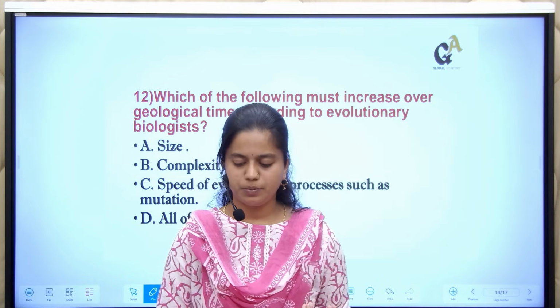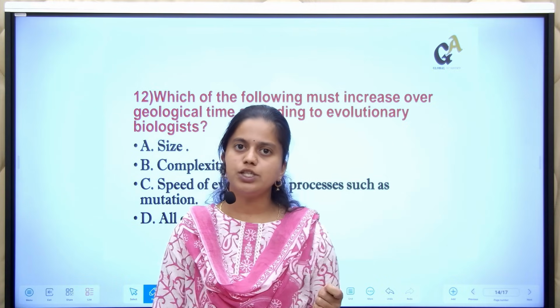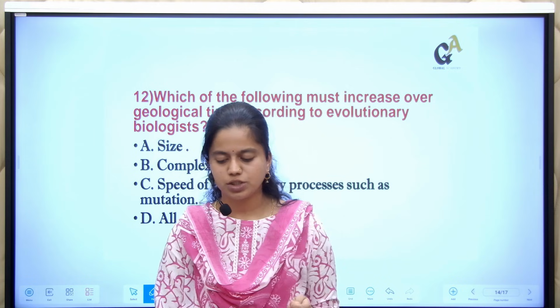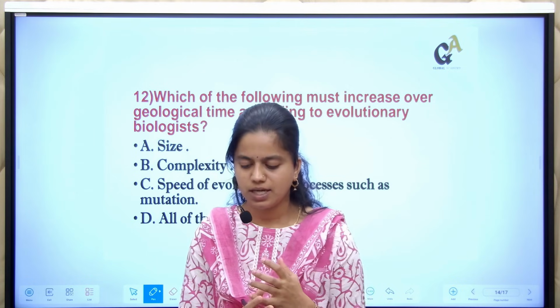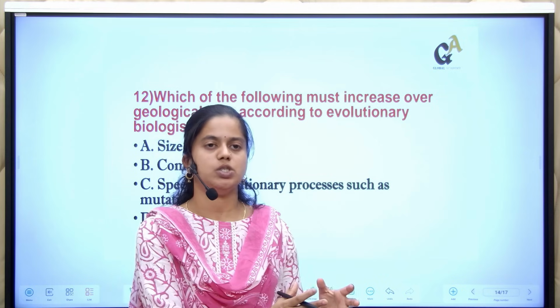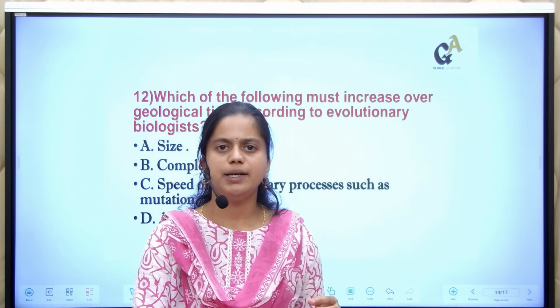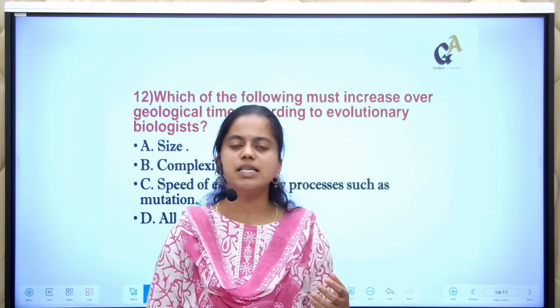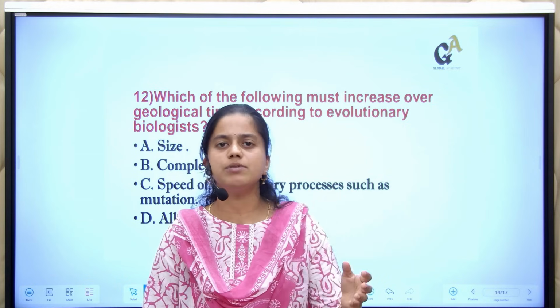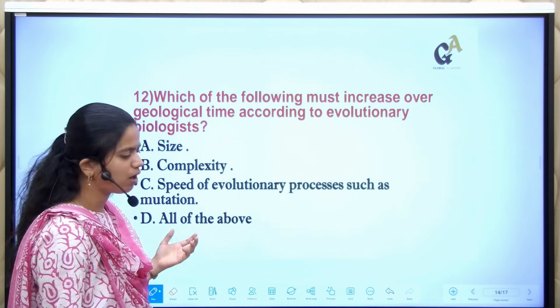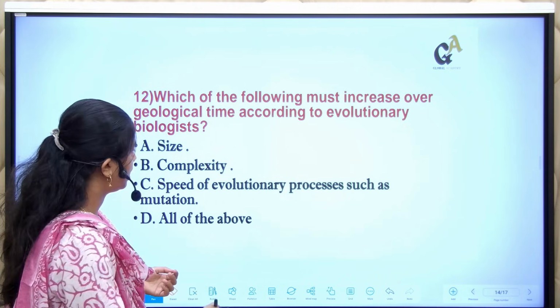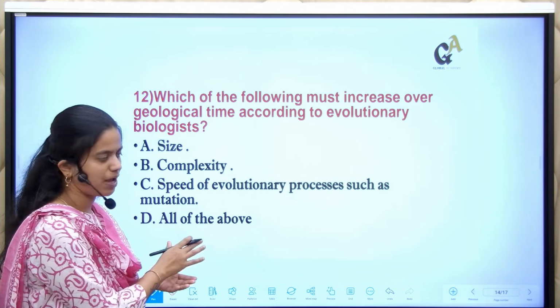And the speed of mutation is a process which does not necessarily increase, it is a gradual process, right? It can remain constant also. Mutation will not happen immediately. It may be increasing or decreasing, or sometimes it will be a constant process. Therefore the option all of the above will not satisfy our answer.